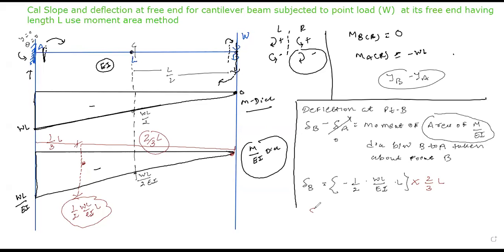Please confirm me. So delta B equals, 2 is cancelled out, minus WL cube divided by 3EI. Yes or no? Just compare with the Macaulay's method example. The same answer will be there. Yes or no?